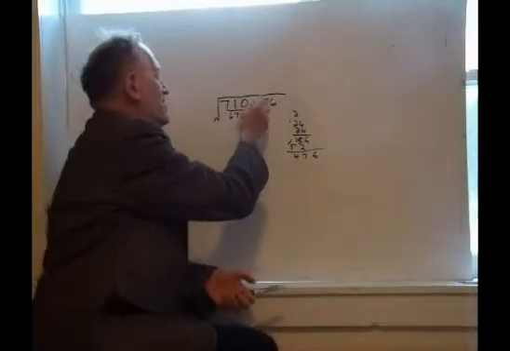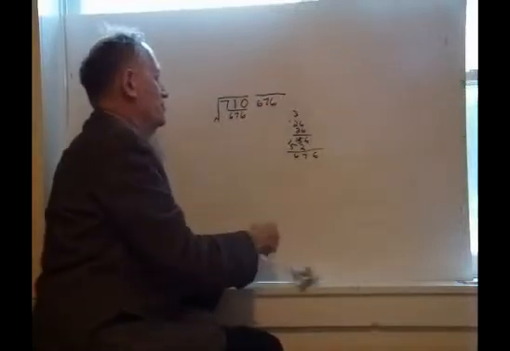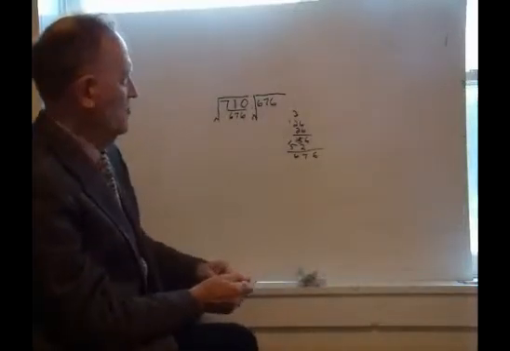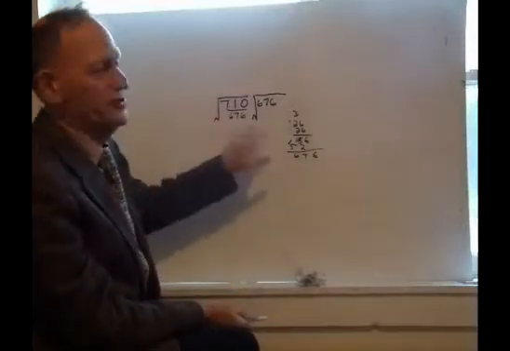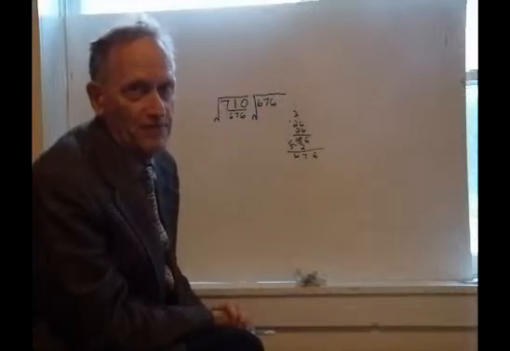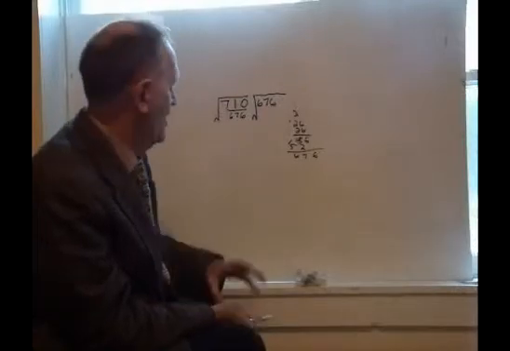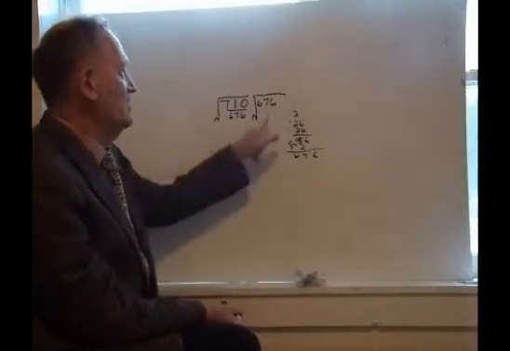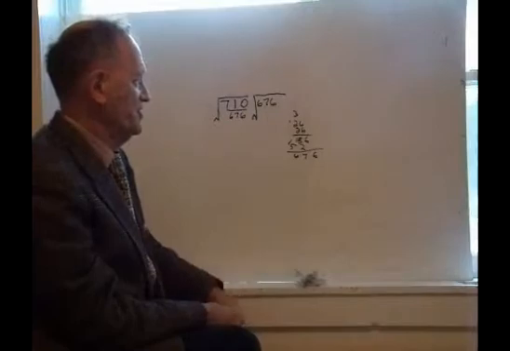I'm now going to break this into two square roots. Why can I do that? Because the square root of a product of two numbers is equal to the product of the square roots of those individual numbers, and that's all I've done here. Finally, I know what the square root of 676 is.